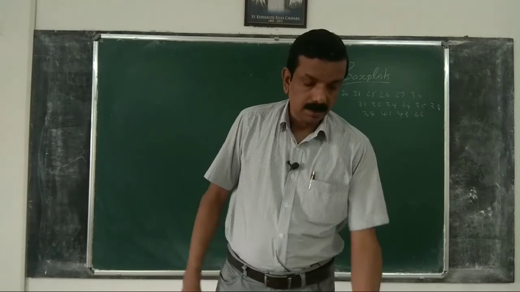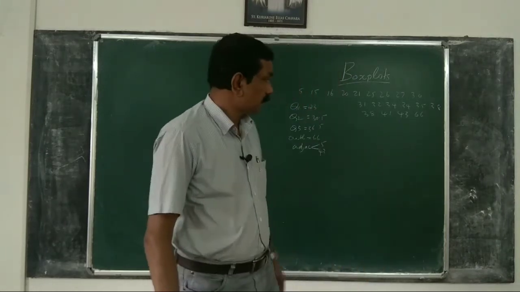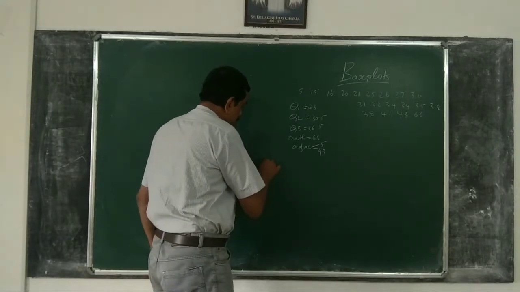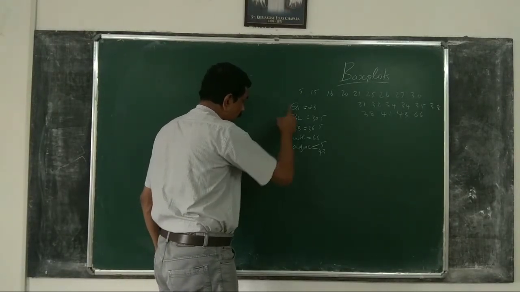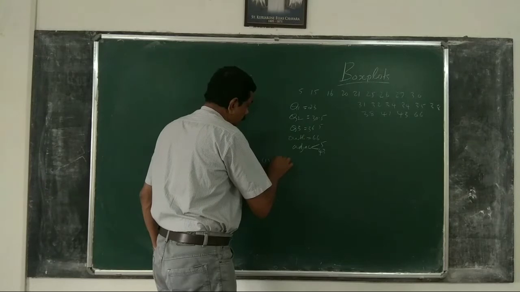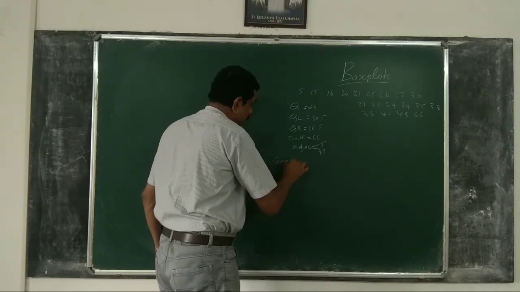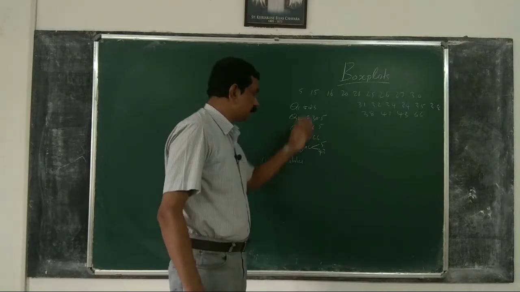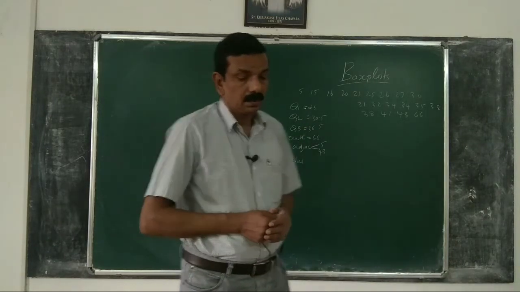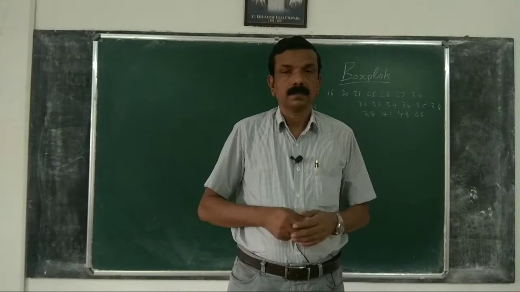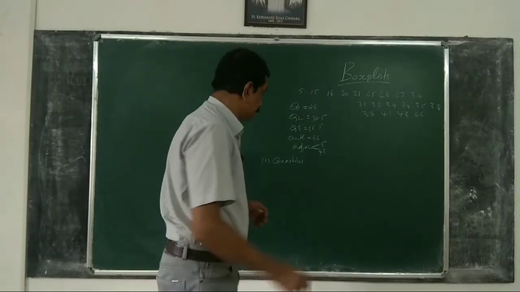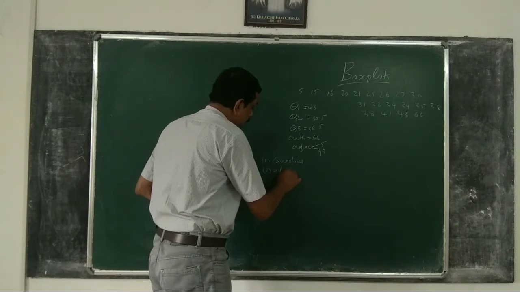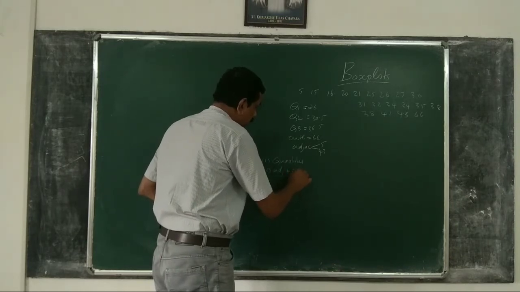Now let us see how to construct a box plot. The first step is to calculate the quartiles Q1, Q2 and Q3. The second step is to determine the adjacent values and potential outliers.